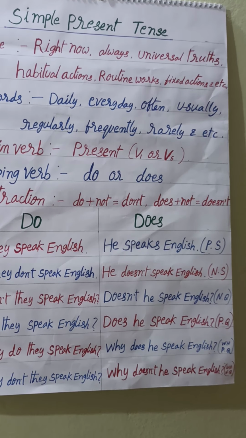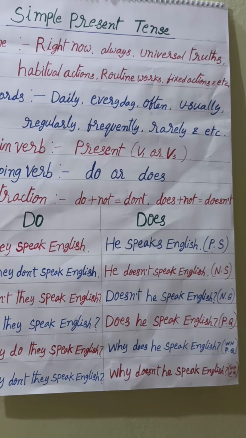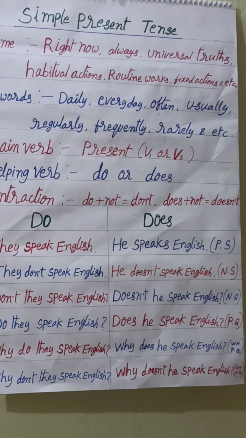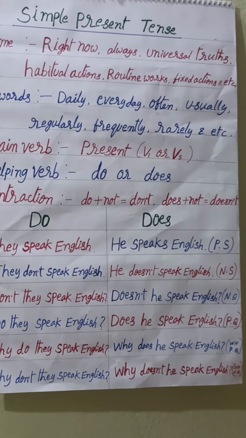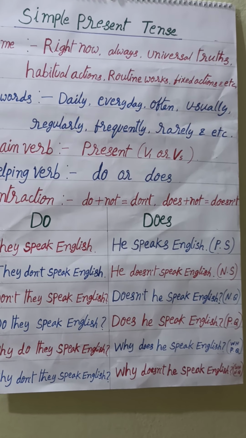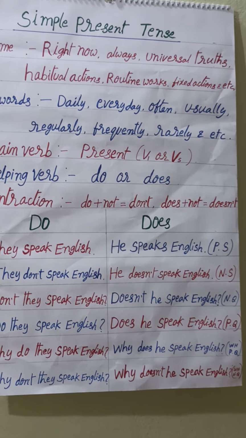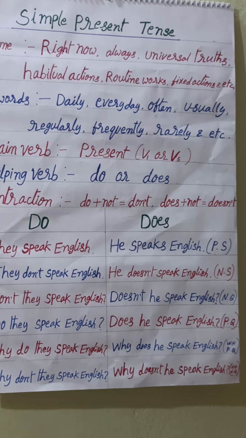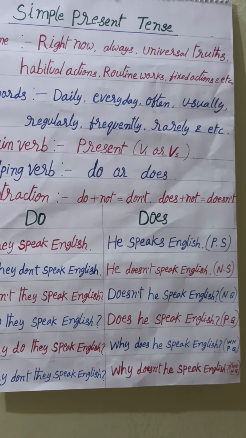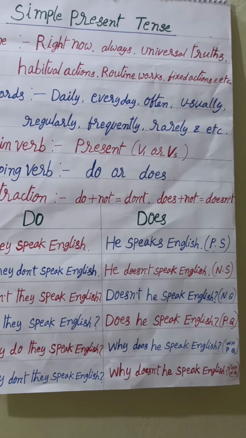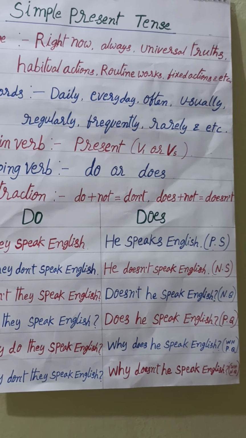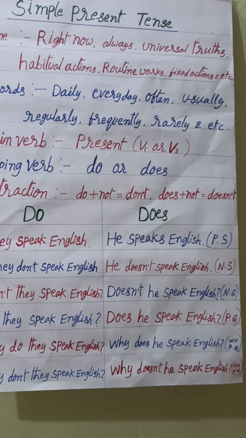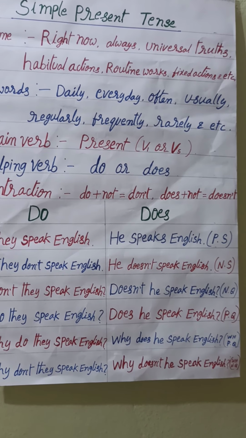In all remaining 5 sentences there are do or does, so we don't add S or ES to main verbs. They don't speak English. He doesn't speak English. These are negative statements.